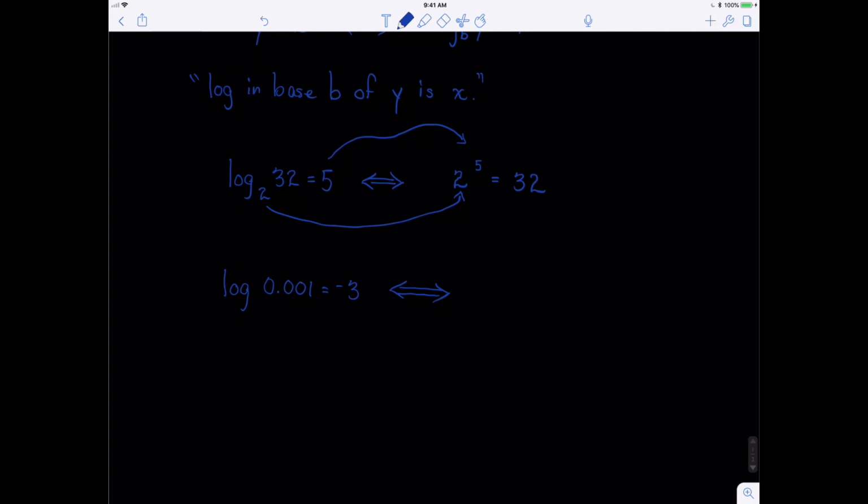But notice that there's no base written here. We've talked about when things are implied: if the log has no base written, then the base is 10.